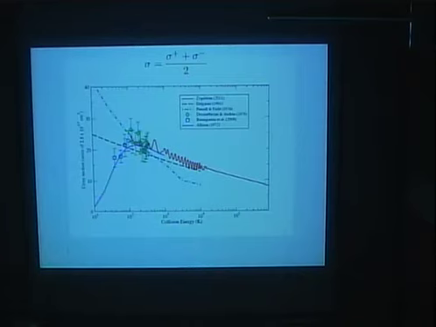Here we compile and compare the results of theory and experiment for hydrogen spin exchange cross-sections. These are various theories and experiments over the years. The original calculation by Field in 1956 gave the effective cross-section, the average cross-section, shown by this dashed line.